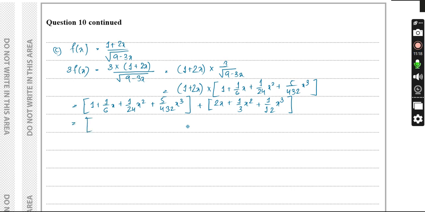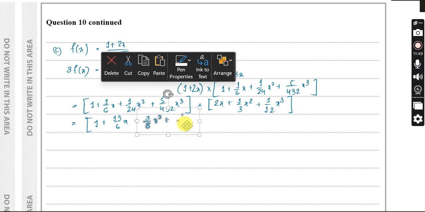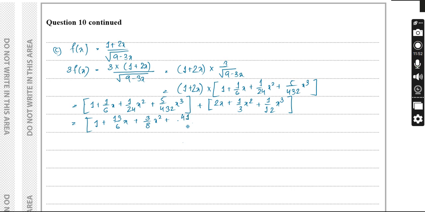So we don't need to multiply 2x with 5 by 432x cubed. So this would be 1, and 1 plus 6x plus 2x is actually 13 by 6x, plus 1 by 24x squared plus 1 by 3x squared is 3 by 8x squared, plus 5 by 432x cubed plus 1 by 12 x cubed is 41 by 432 x cubed.